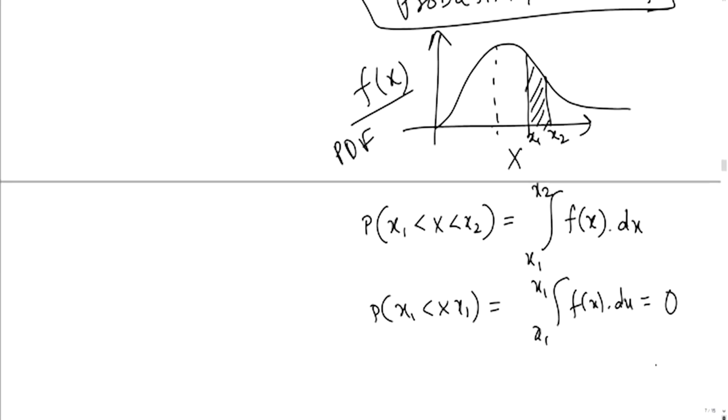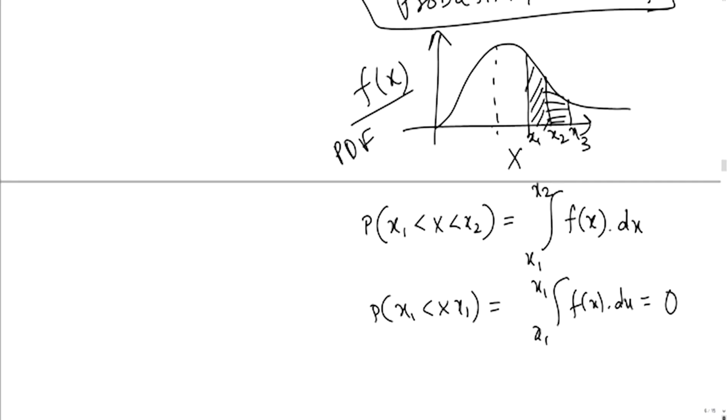Now you can directly apply the third axiom here. Let's say you have another line segment between x2 and x3. So there is a segment between x1 and x2 and another one between x2 and x3. Okay.